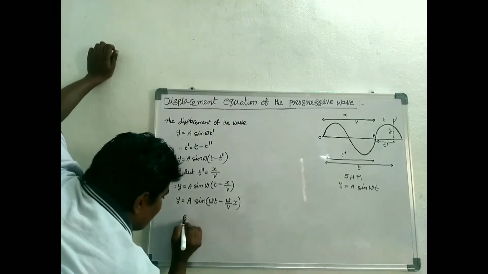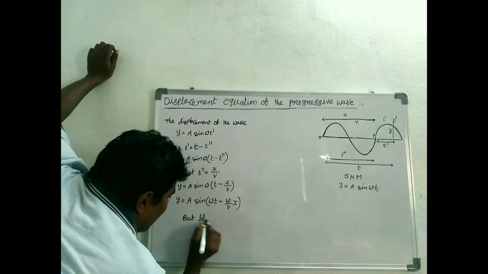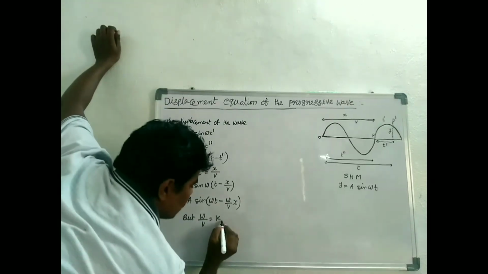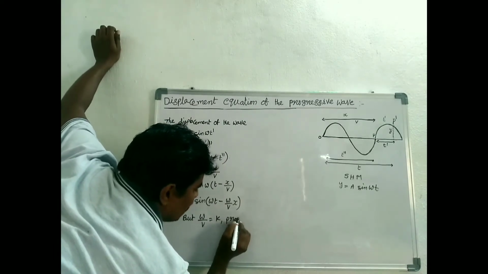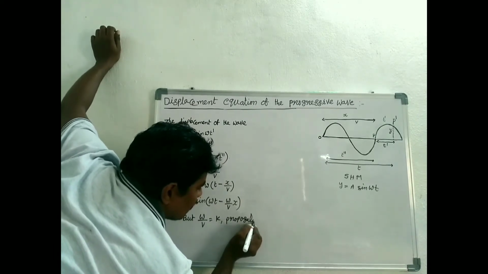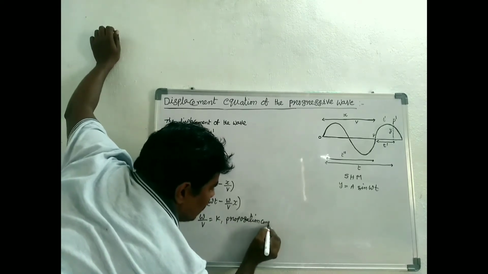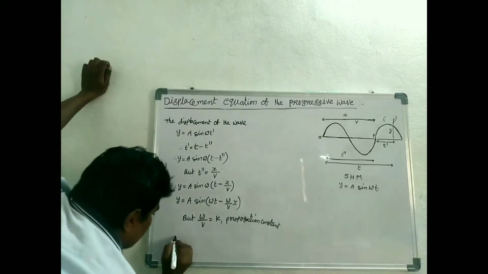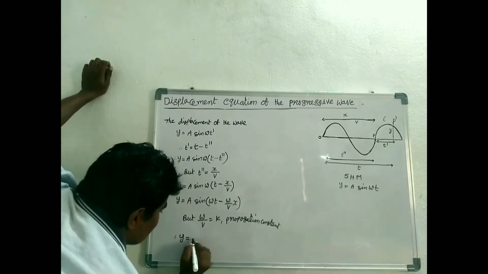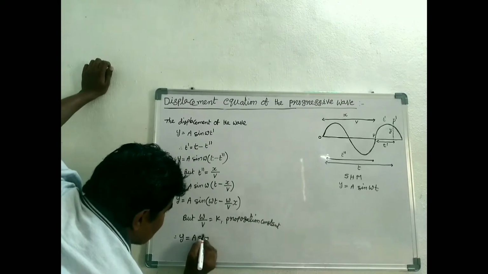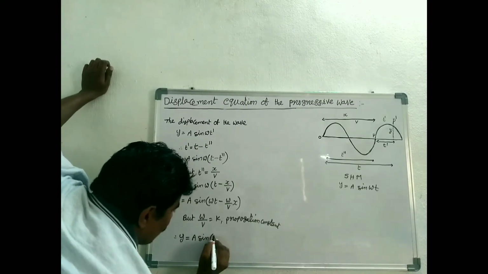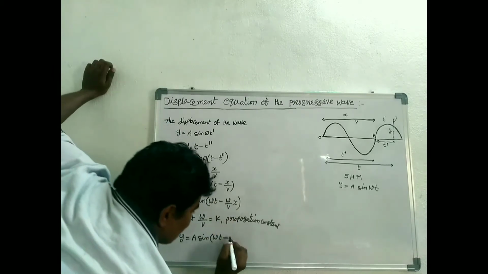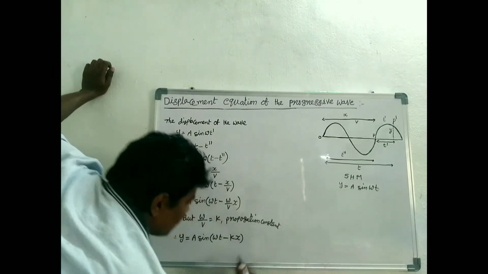But omega by v is equal to k. k means propagation constant. Therefore, we get y equals a sin omega t minus kx.